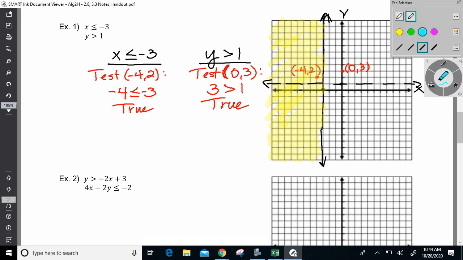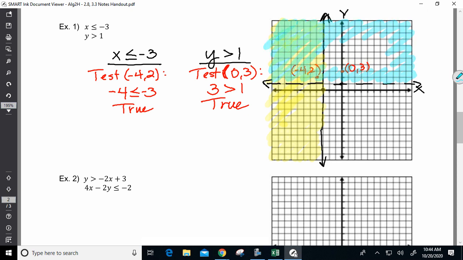So I'm going to color above the line in blue. So we did our two shadings.